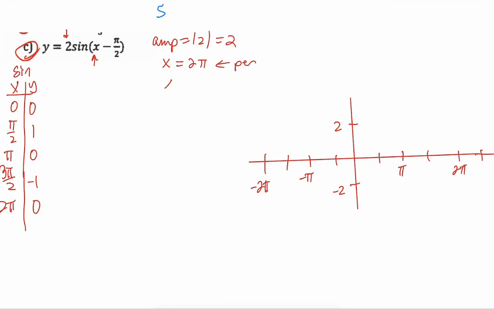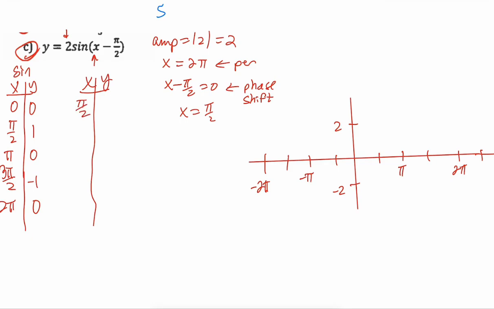If we set the entire fraction equal to 0, that is going to be our phase shift. So to solve that for x, we have to add pi over 2 to 0, and we get pi over 2. Now remember, for our new graph, that is our starting value. So our phase shift is the first x value on our chart.